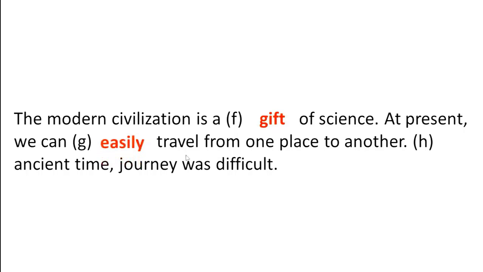We can easily travel from one place to another. Then dash ancient time. Look at here, an ancient time. It is a phrase and we know the phrase is in ancient time. In ancient time journey was difficult.